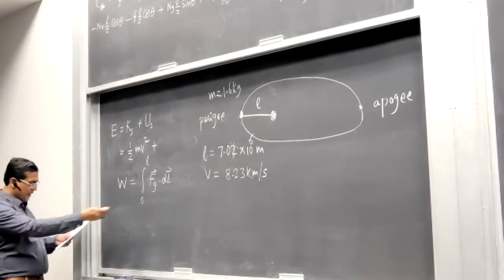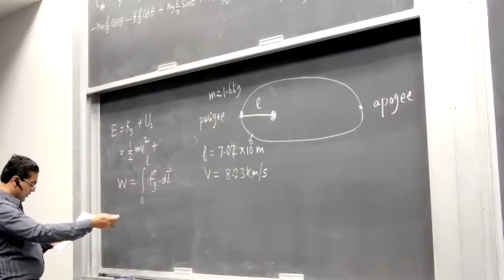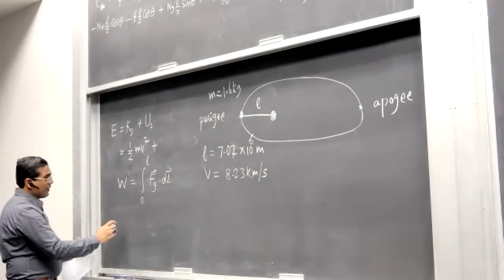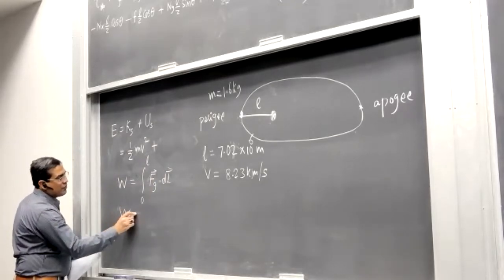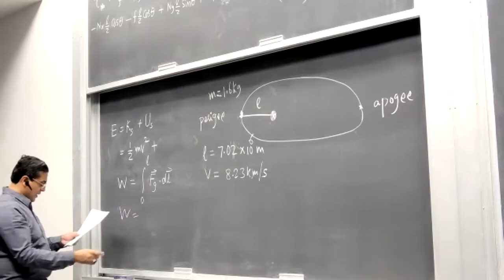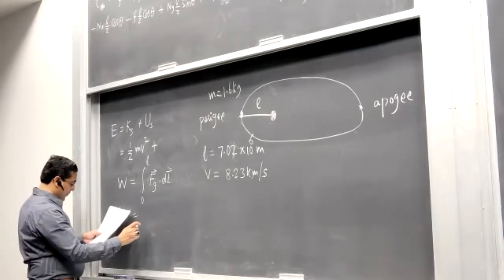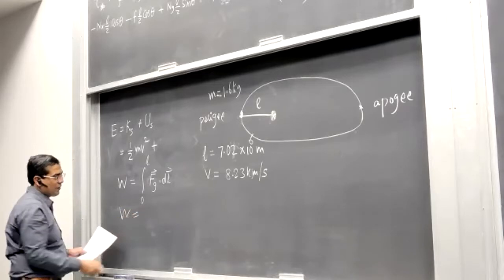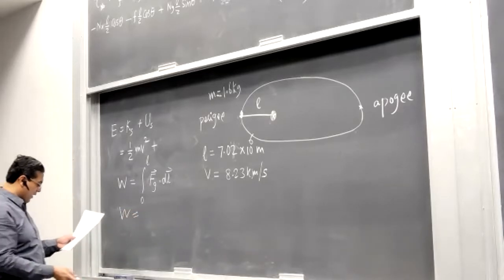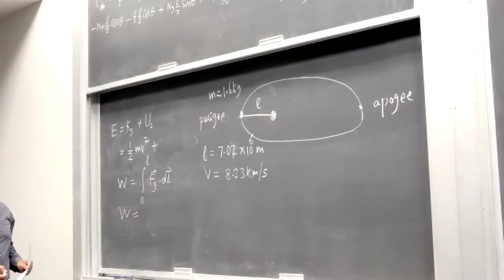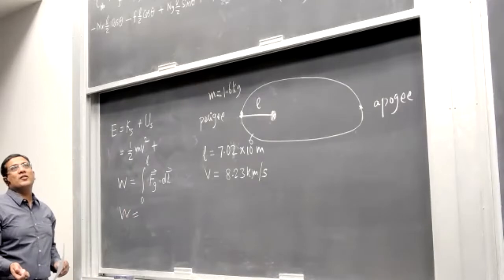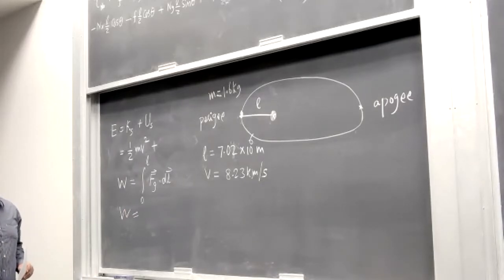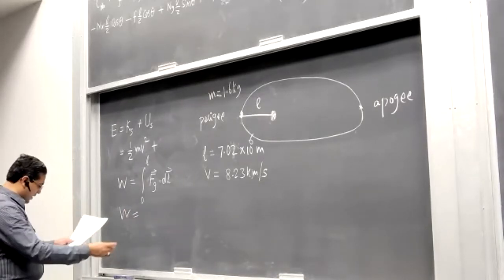And if you do this integration, the work that you need to do would be with probably a negative sign because you are working against the force of gravity. So don't worry about the sign.